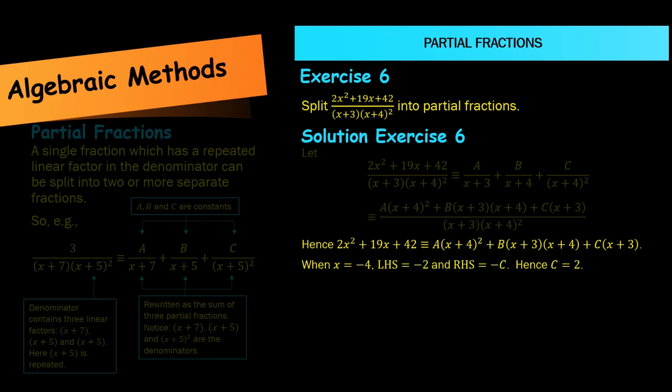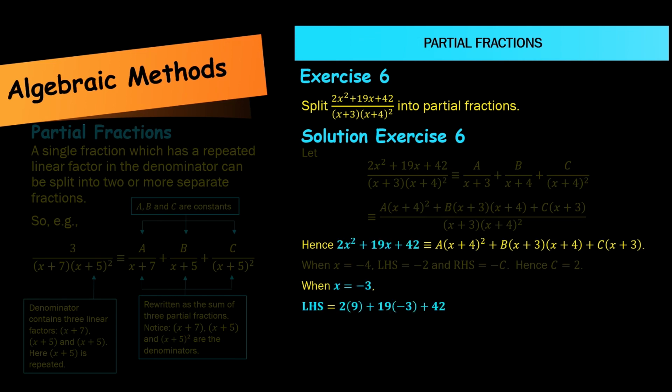When x equals minus 3, on the left-hand side, we have 2 times 9 plus 19 times minus 3 plus 42, and this is equal to 3.